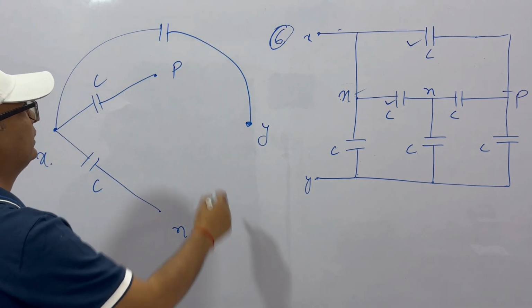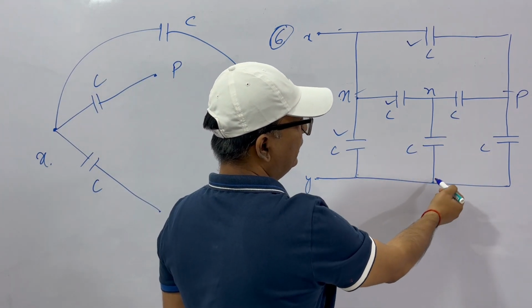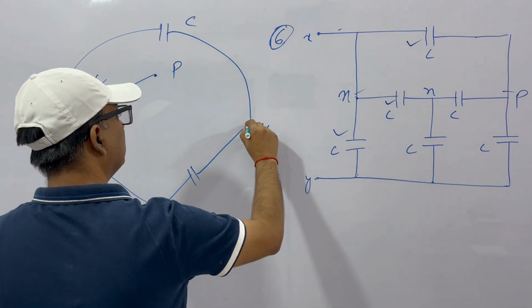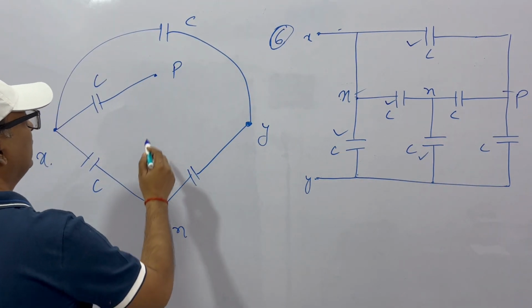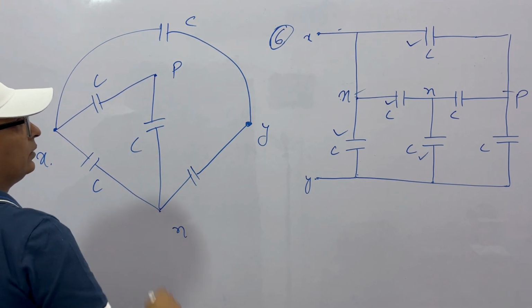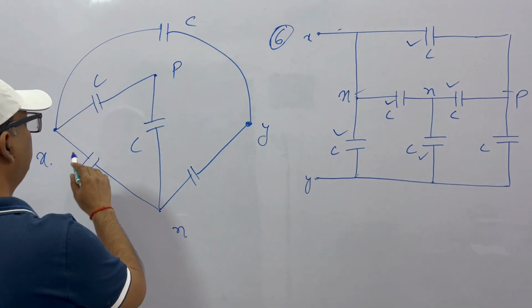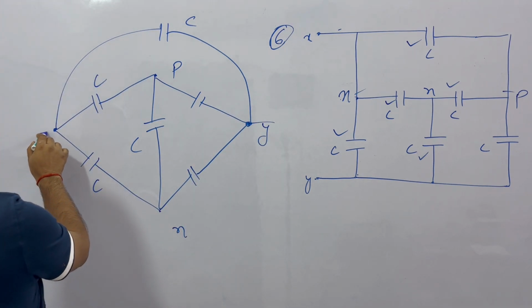Okay, so X and Y, C, this one. Then N and Y, this one. So we have used this. Now this one, N and P. Okay, so N and P used. Finally this one, P and Y, P here and Y. So our picture is like this.